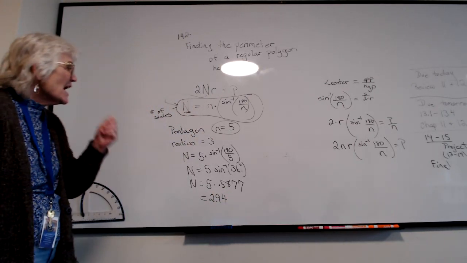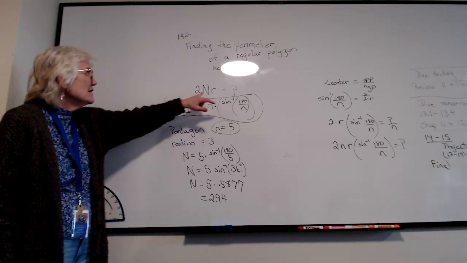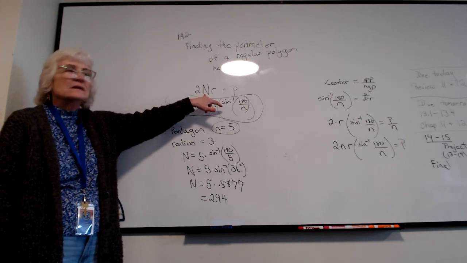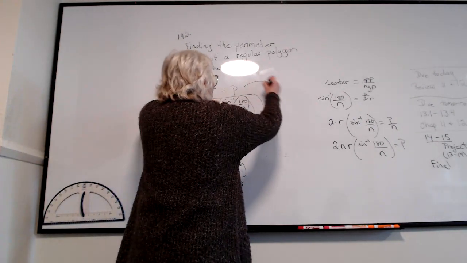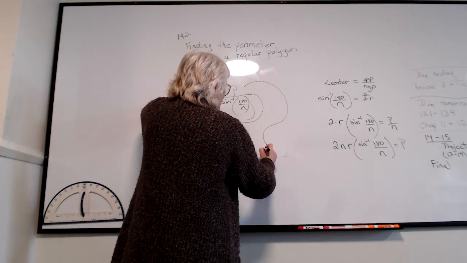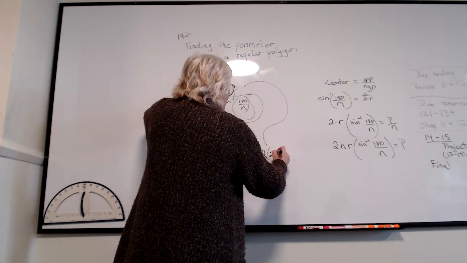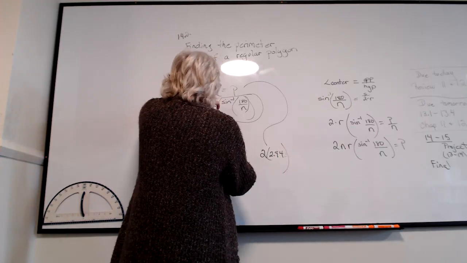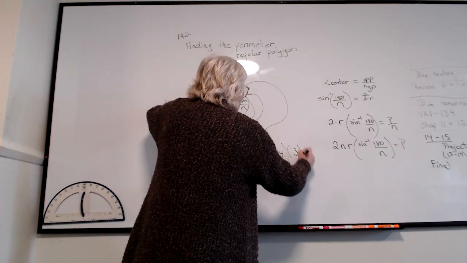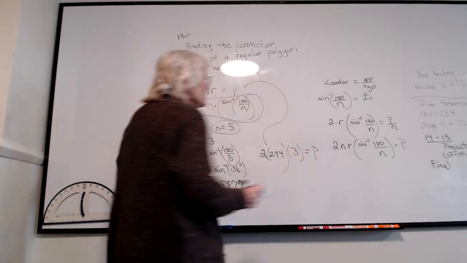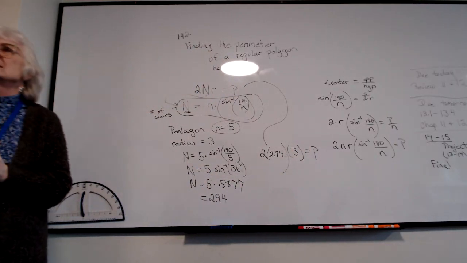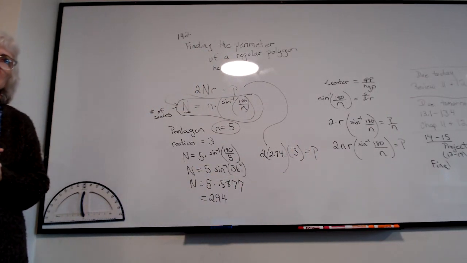Now I found N. To find my perimeter, I take 2 times my N, which is 2.94, times my radius, which is 3, and that will be the perimeter of that polygon.